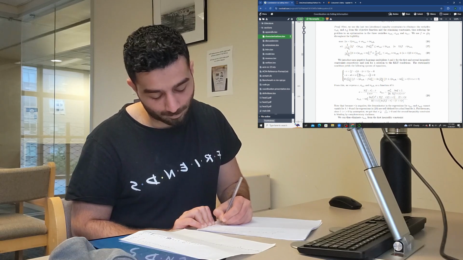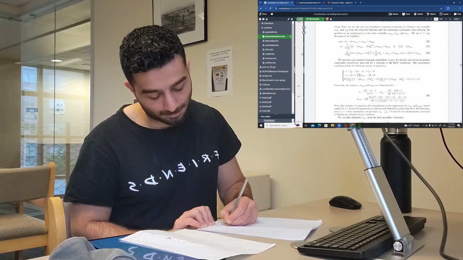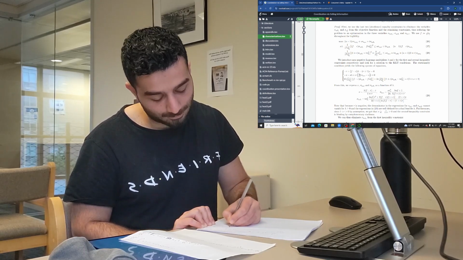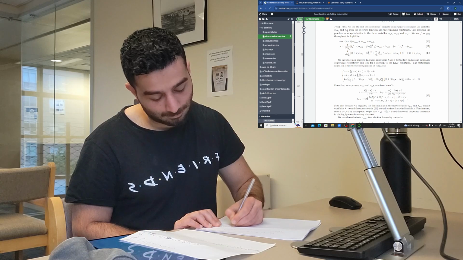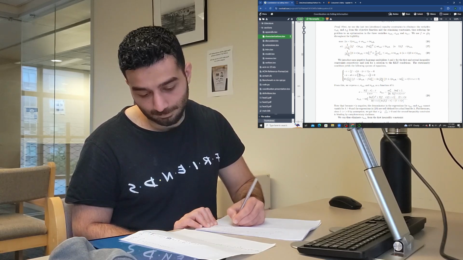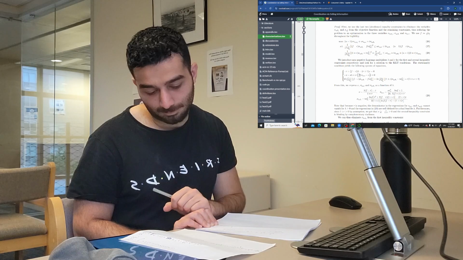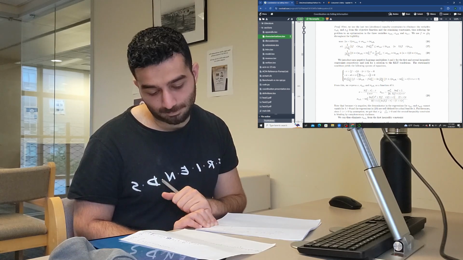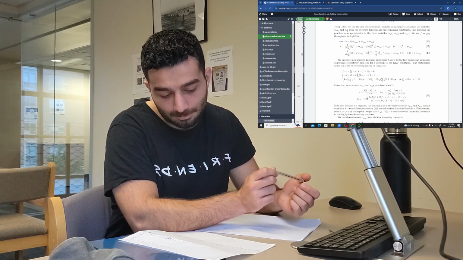S eta y plus s lambda plus nu, which is minus lambda, and x comes from this one.